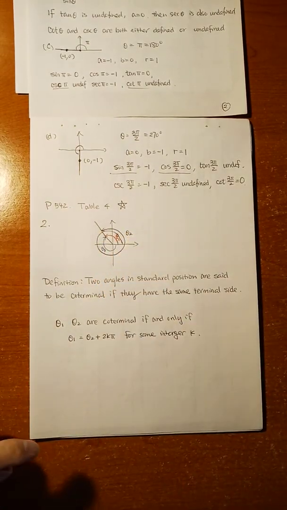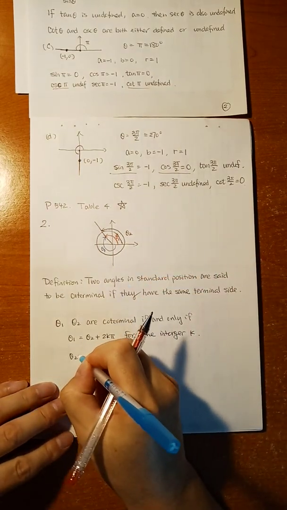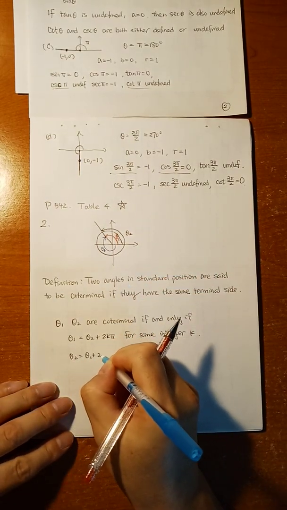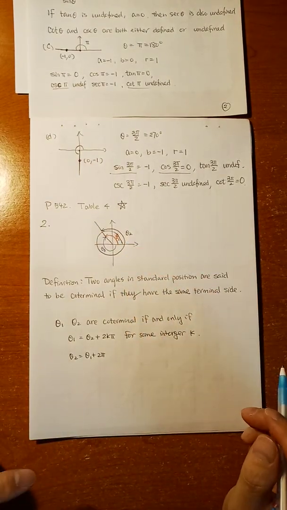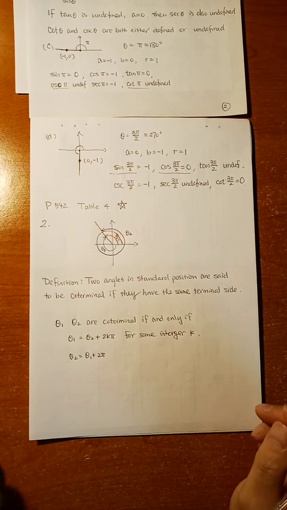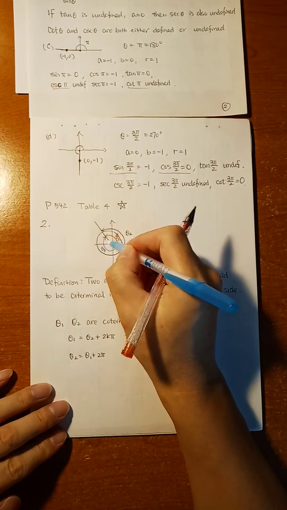Let's check it. Theta 2 is actually theta 1 plus 2 pi. In this case, k is equal to 1. And the other one is theta 1 and theta 3.